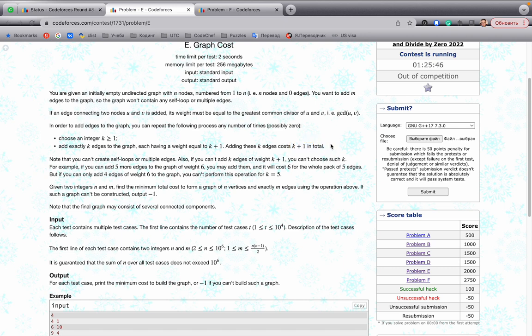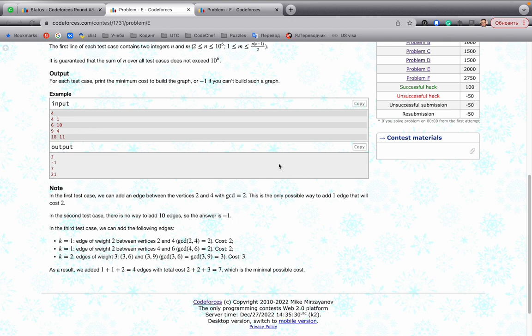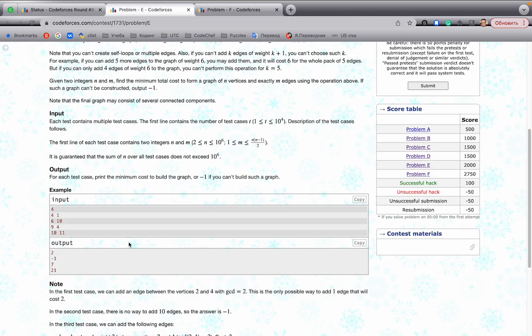Okay, if we are paying k plus 1 for k edges and we want to add exactly m edges, basically we are paying 1 for each operation plus 1 for each edge we are adding. So for all edges we will pay m, and then plus 1 for each operation. So we want to do it in the smallest possible number of operations. That makes sense. And the answer is just m plus the minimum number of operations. And that can be impossible, apparently.